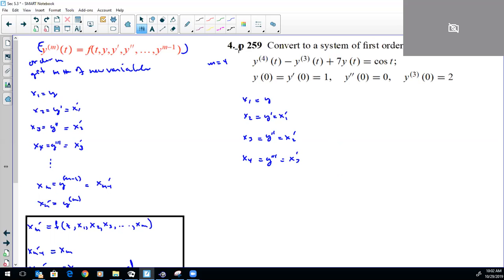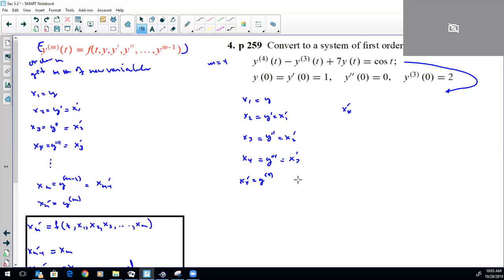Okay, so this is our differential equation. Let's write it in terms of these new variables. The fourth derivative of y is going to be the first derivative of x4. See, x4 prime is the fourth derivative of y.